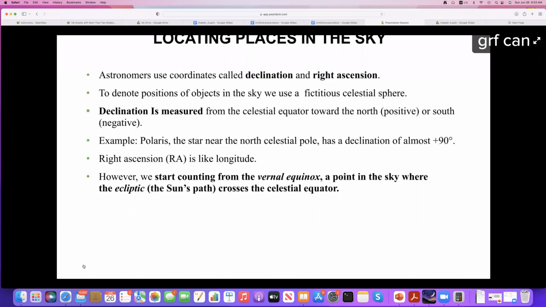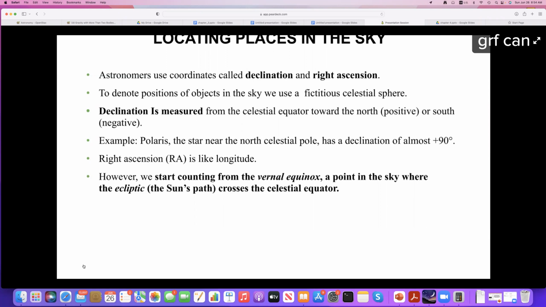I have not introduced this word before, so let me define it. It is a point in the sky where the ecliptic, that means the path of the Sun, crosses the celestial equator. You will understand this further when we go into the next section on the seasons.